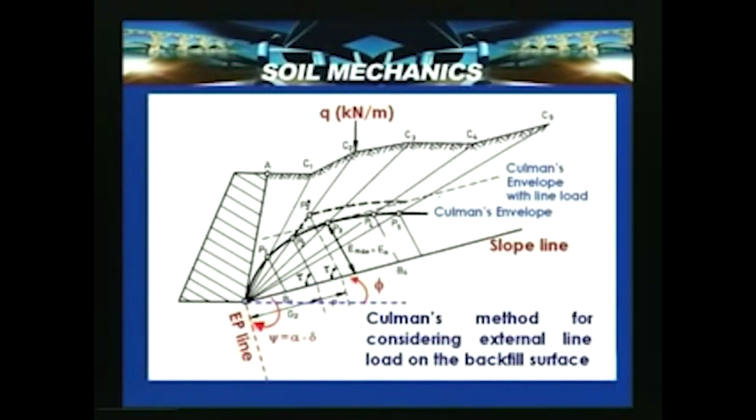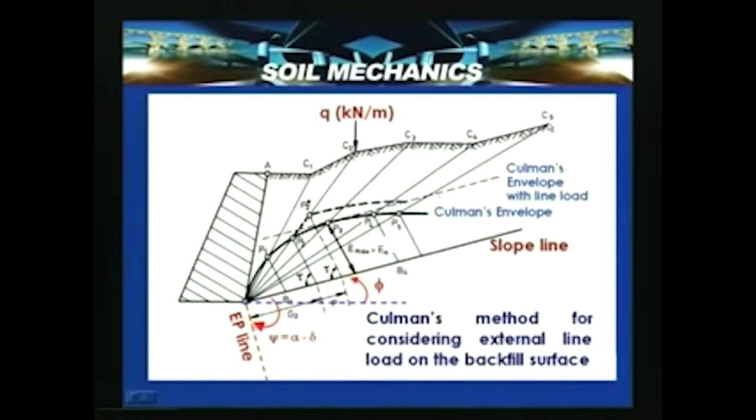Now for a similar problem, say you have a railway track load of q kilonewton per meter at this point, and AB is the wall surface. Suppose the backfill surface is uneven, not having a uniform inclination. This is very difficult to consider in the analytical method, but very easy in the graphical method.